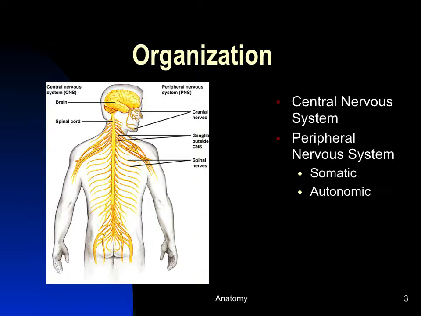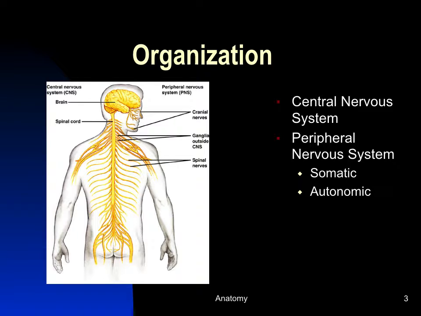The peripheral nervous system originates from the central nervous system, and this contains the nerves going to and from muscles and sensory cells and glands. And this peripheral nervous system is divided itself into a sensory and a motor division.